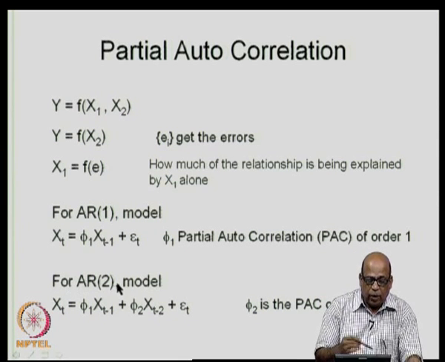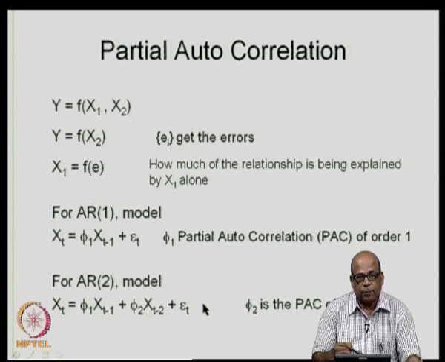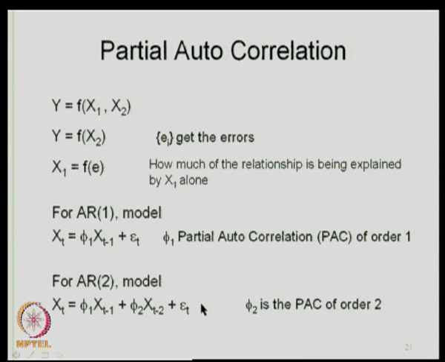Let us write AR2 now. AR2 we write as x t is equal to phi 1 x t minus 1 plus phi 2 x t minus 2 plus epsilon t. For the AR2 model, phi 2 is the partial autocorrelation of order 2. Remember, the phi 1 of the AR2 model is different from the phi 1 of the AR1 model, and the phi 1 of the AR2 model does not, I repeat, does not indicate the partial autocorrelation of order 1.